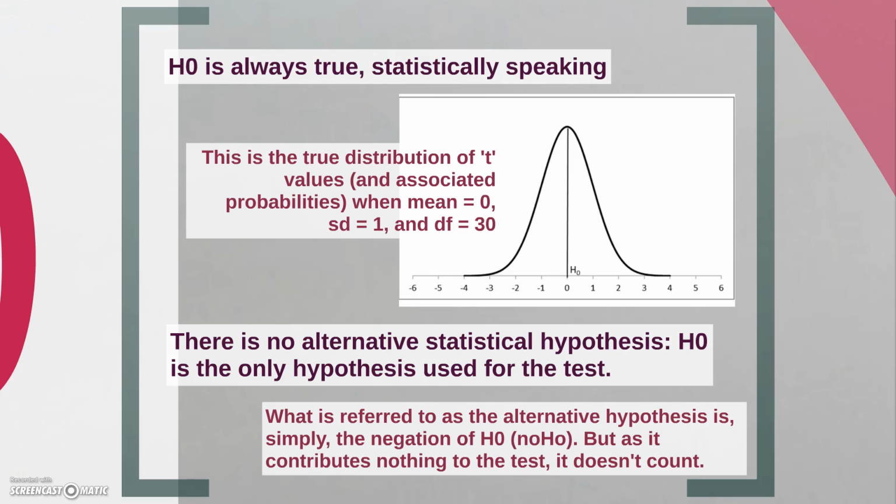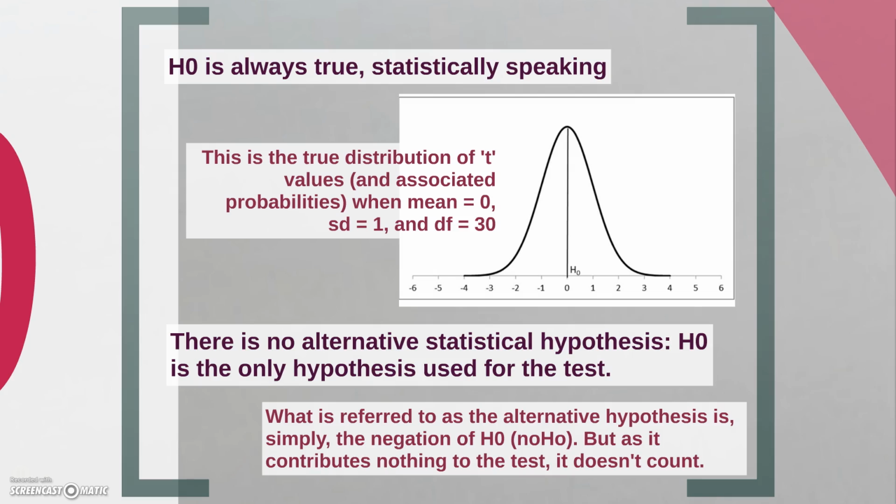For example, we were working with this t-distribution for 30 degrees of freedom, and we said all t-values can be located on that distribution and also have an associated probability, which depends on the degrees of freedom we are using, depending on our sample size.